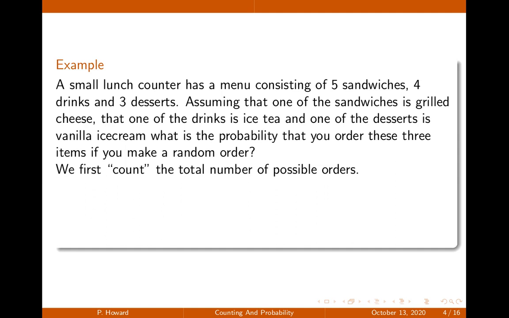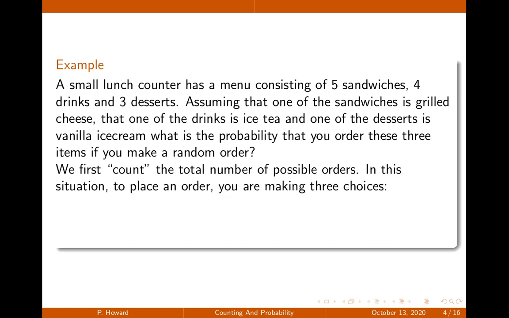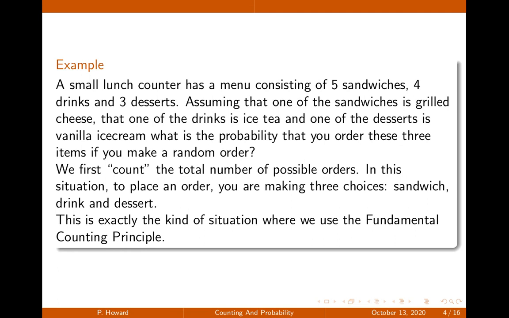So we're first going to count the total number of possible orders. This is something we've done before. In this situation, to place an order, we're making 3 choices. We are first choosing a sandwich, and then a drink, and then a dessert. So this is the kind of situation where the fundamental counting principle is used.